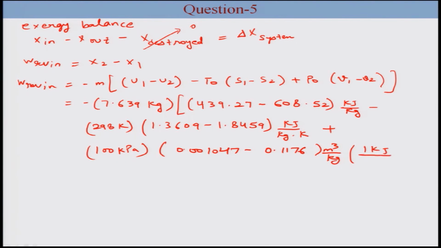So 1 kilojoule is equal to 1 kilopascal meter cube. So this gives a value of reversible work input as 278 kilojoule.